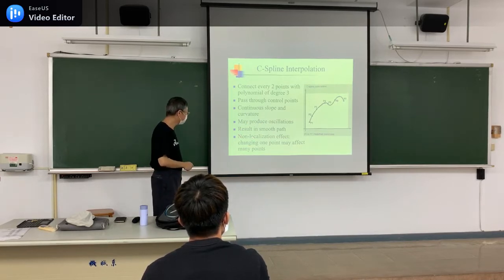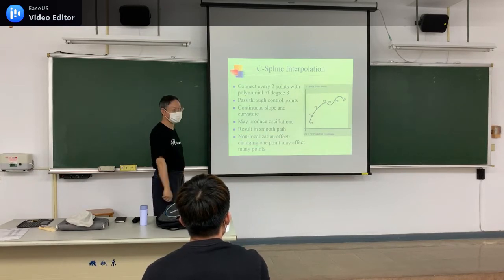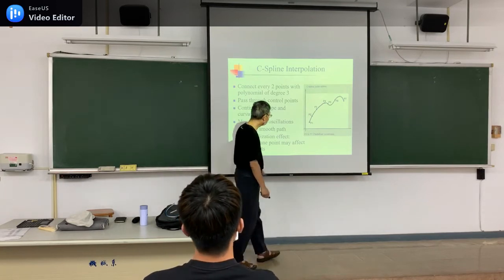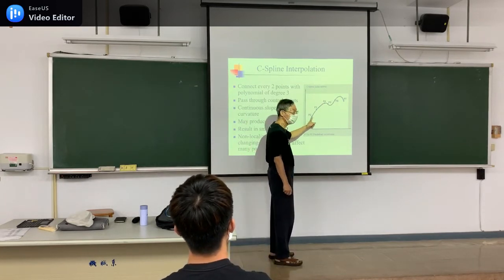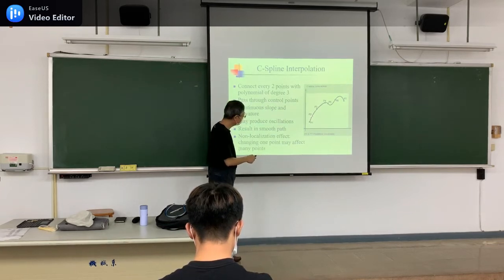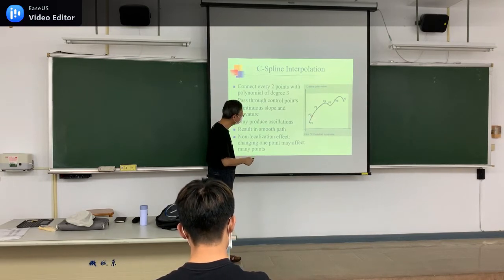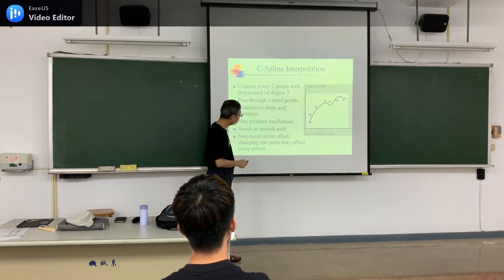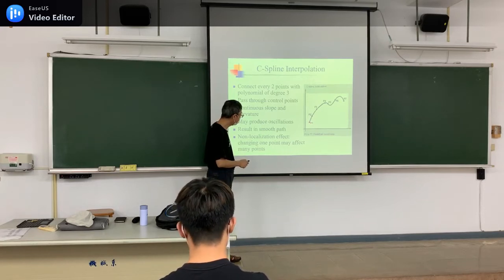However, it has a non-localization effect. That means if you change one point, if you move, for example, P2 a little bit to here, of course it will affect this, but also affect this.